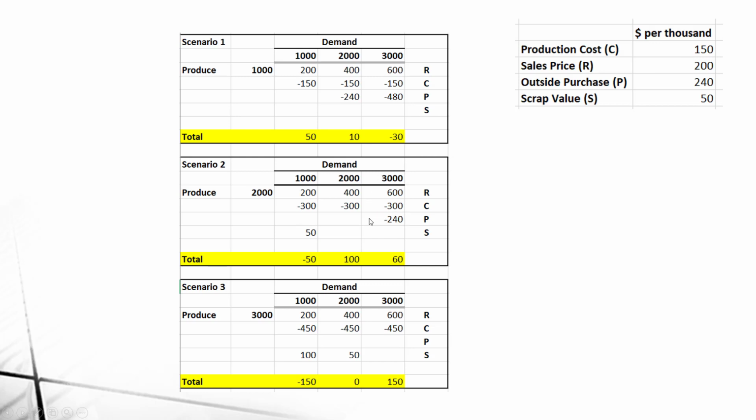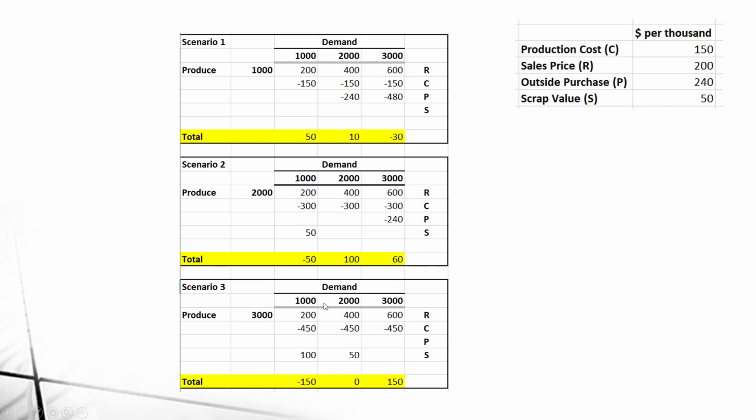And then if we produce 2,000 and they demanded 3,000, then we actually have to go out and make another purchase to meet the extra 1,000. If they demand 1,000 and we made 2,000, in other words, we produced too many, then we would have this scrap value. And so we total all those up to get our payoffs. Do the same thing here.